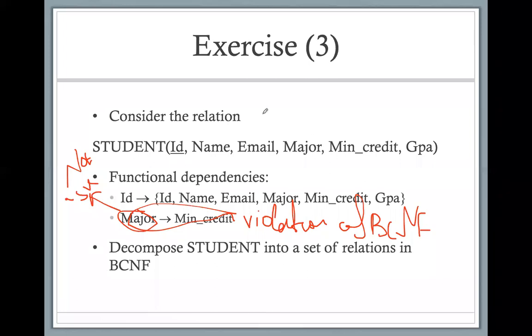So let's do this. The closure of major is just the two attributes, major and minimum credit.